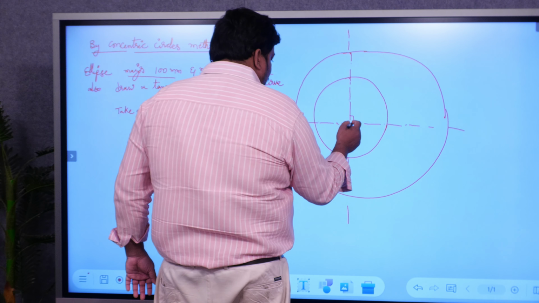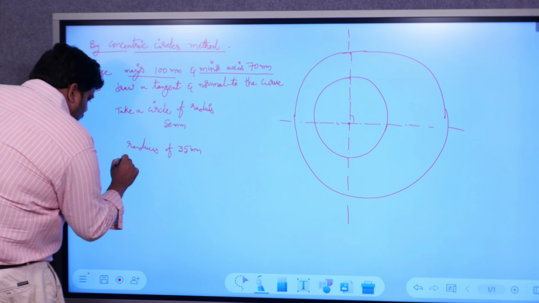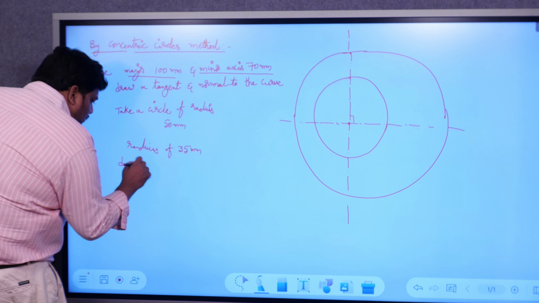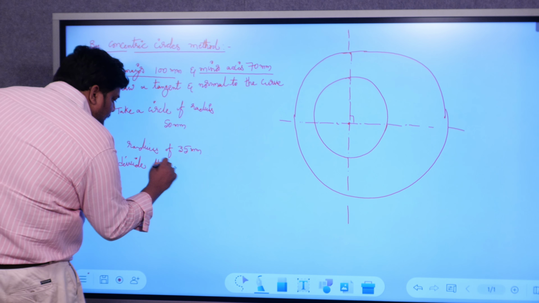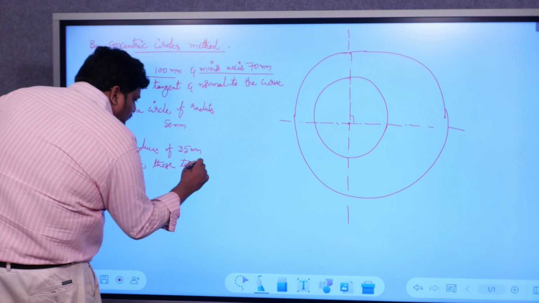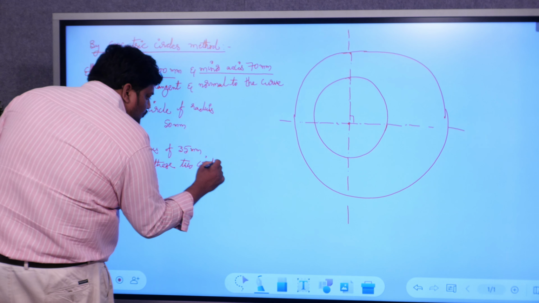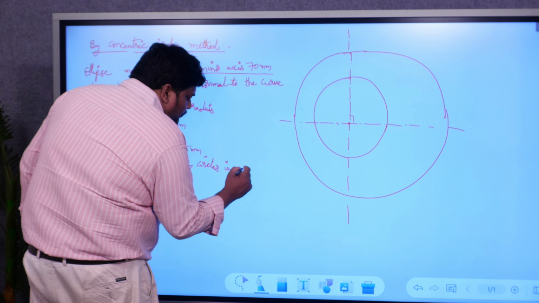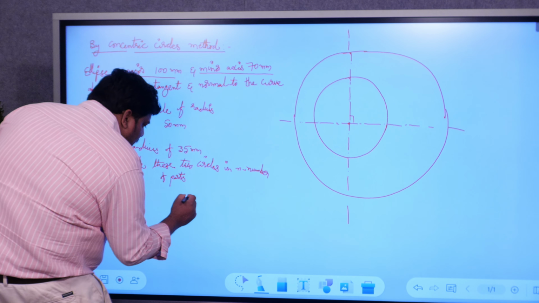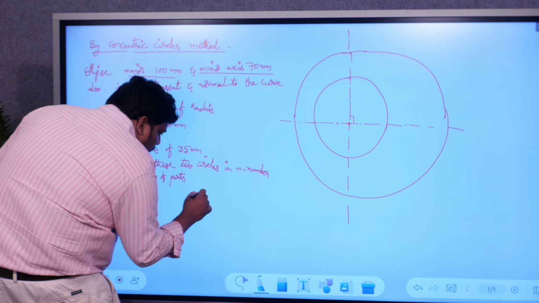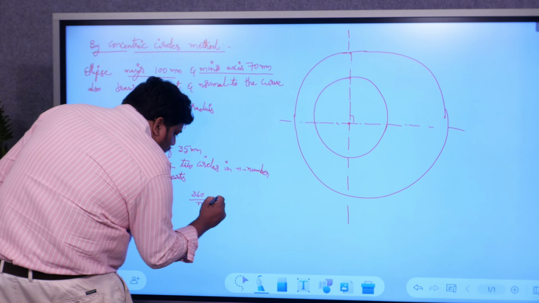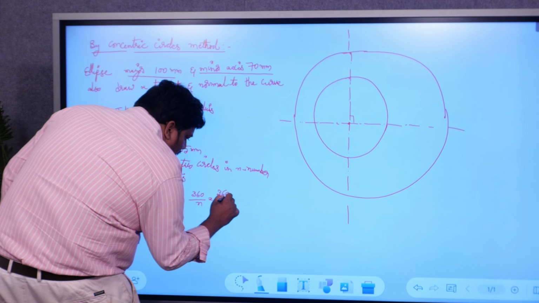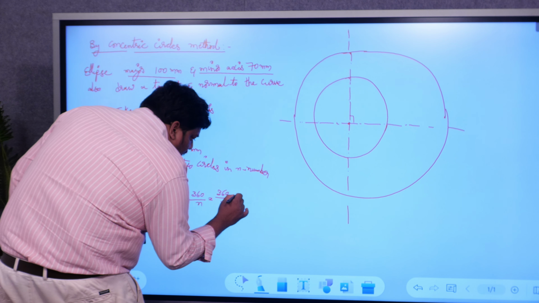Now divide these two circles into n number of parts, that is 360 divided by n. I am going to take 12 parts, so each angle is 30 degrees.